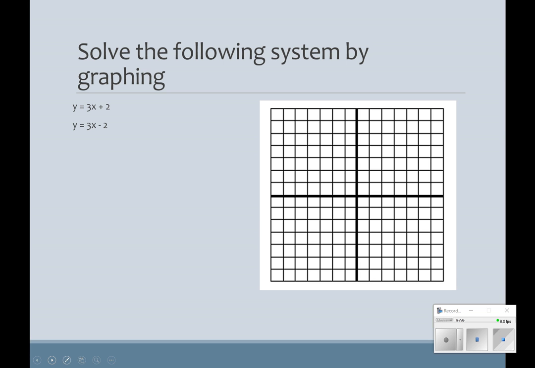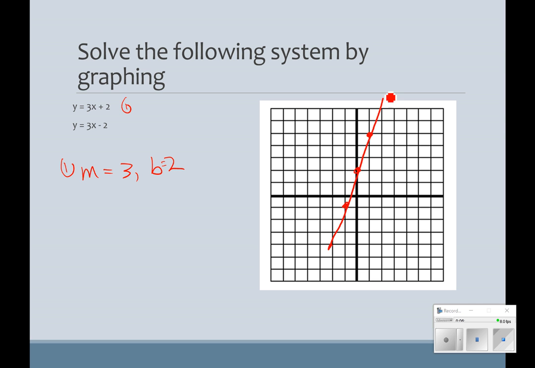Next, we're going to graph both of these. The first, my slope is 3, my y-intercept is 2. So I'm going to go up to 2, and then up 3/1. If I go down in the negative direction, because it's positive, I've got to go back in the negative direction.